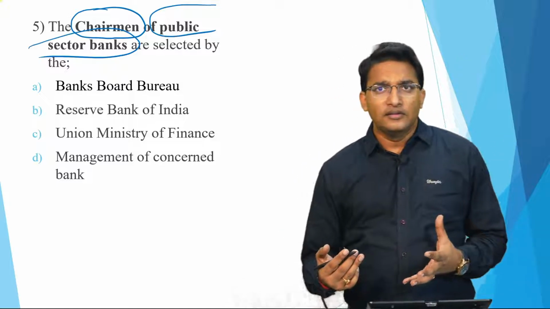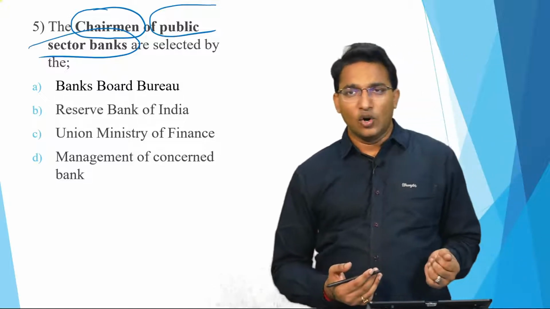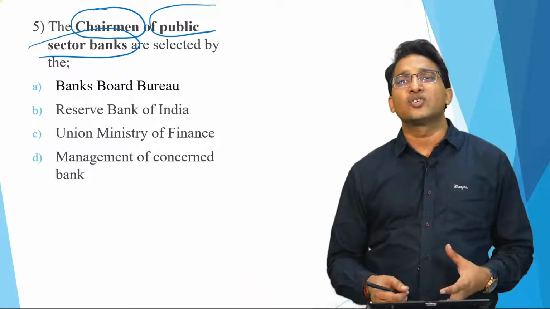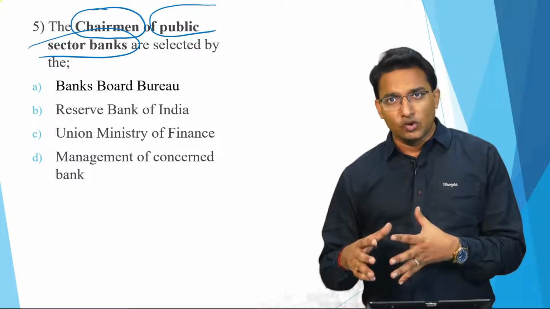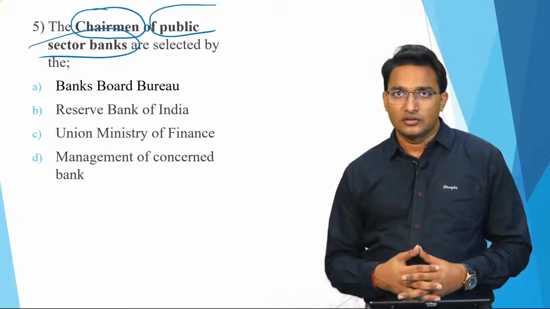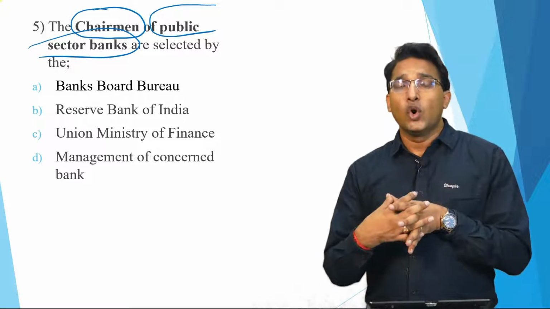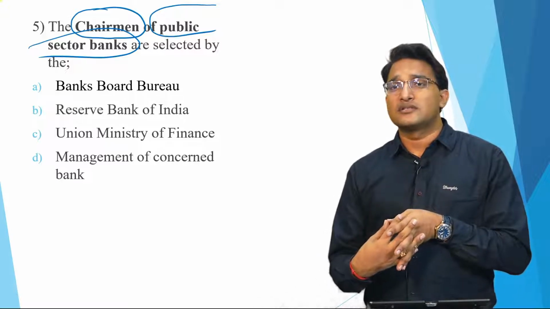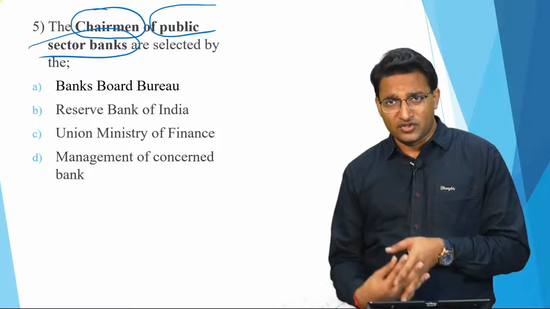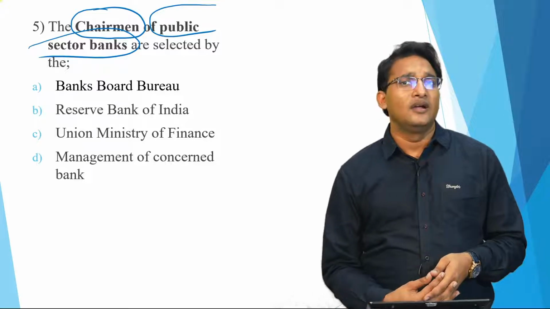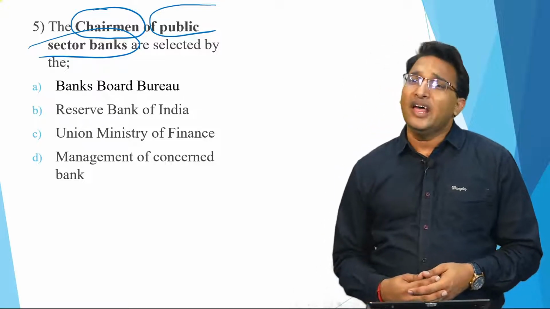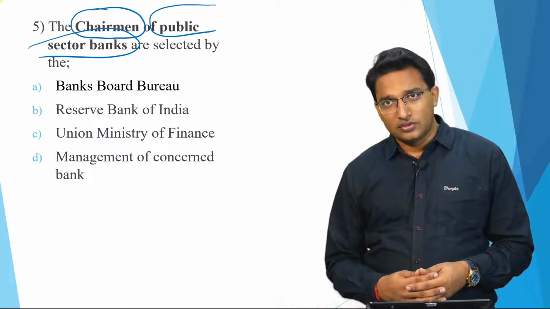So this is actually a factual question. Only if you know what the function of Bank Board Bureau is, can you solve this question. Also, if you know that the selection of the public sector bank chairman is not done by the RBI or the Union Ministry of Finance, then also you can solve this question, right?